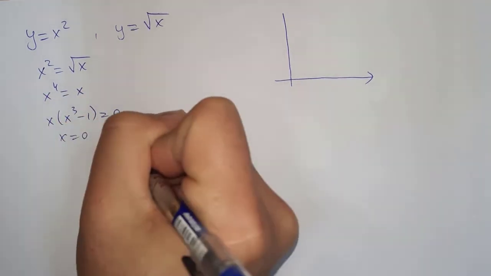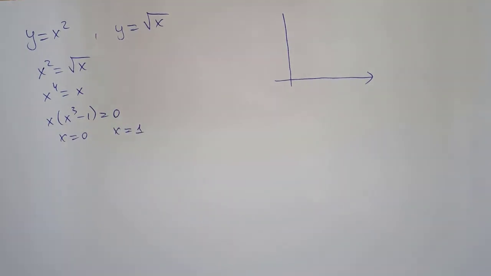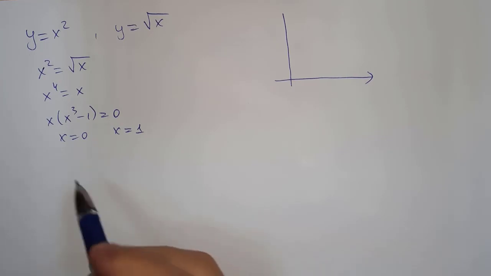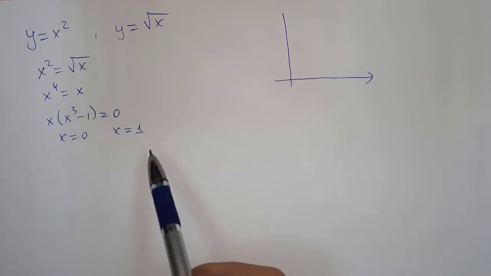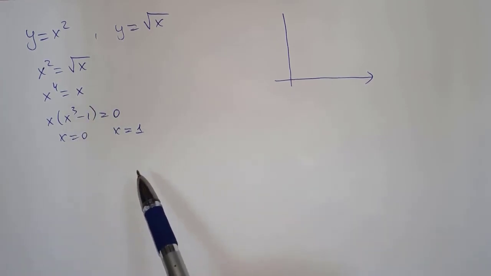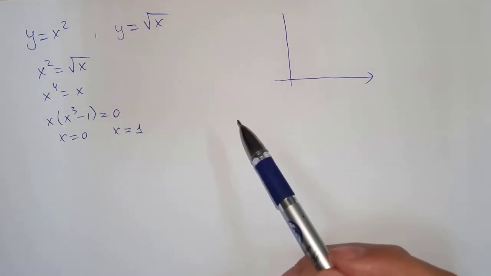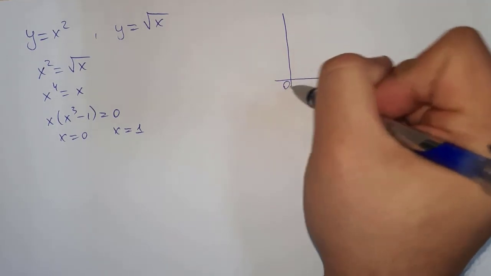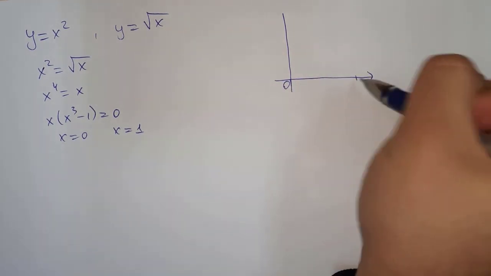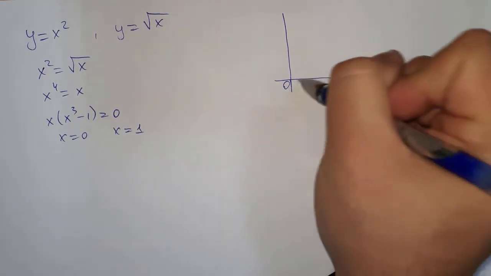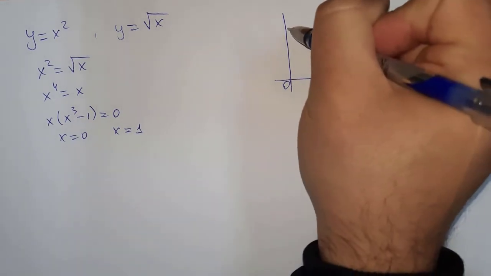Now x is 0 and x is 1. So the real roots here are 0 and 1. It means they intersect at the points 0 and 1, and these will be the limits for the definite integral. Let's draw the picture. When x is 0 it is 0, when x is 1 it is 1 again.